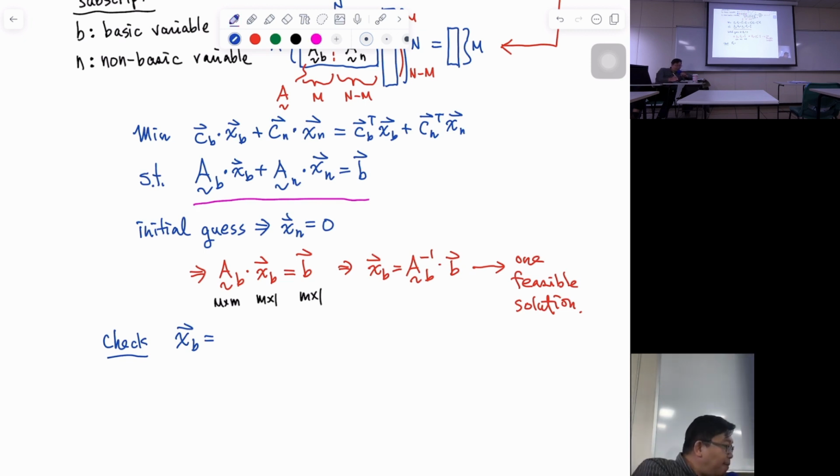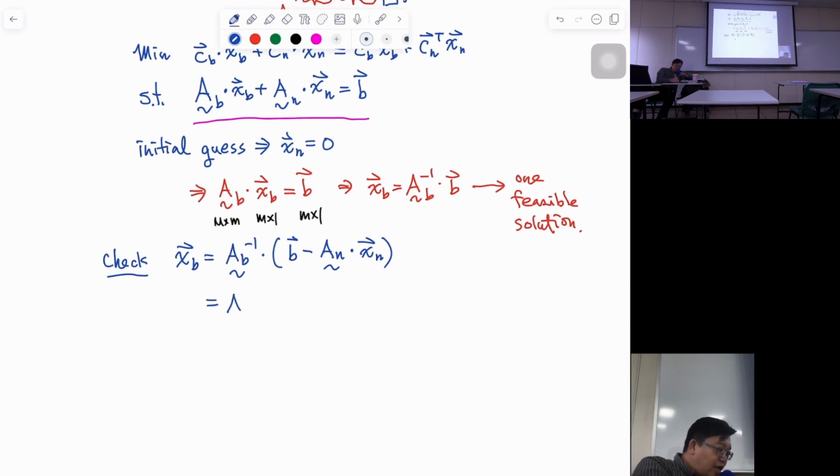Basically, it's going to be AB inverse times (b vector minus AN xN). If you expand it, it's going to be AB inverse b vector minus AB inverse AN xN. We're going to rewrite xb.